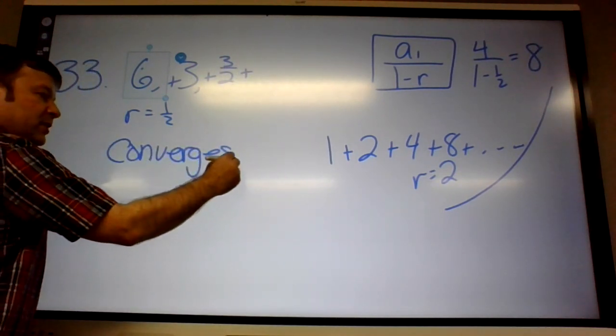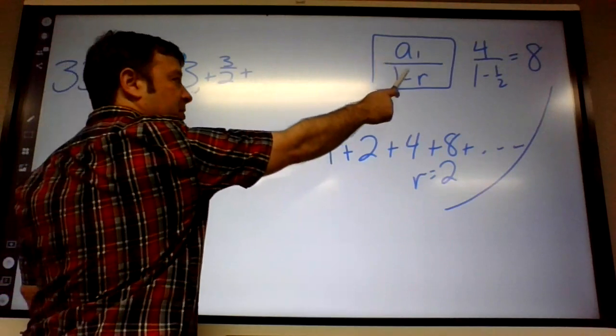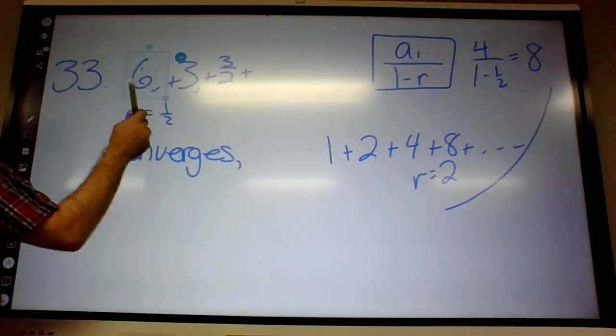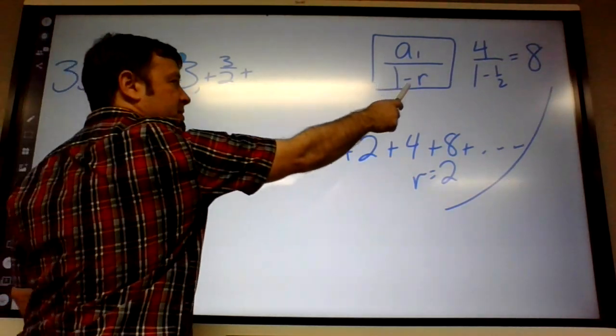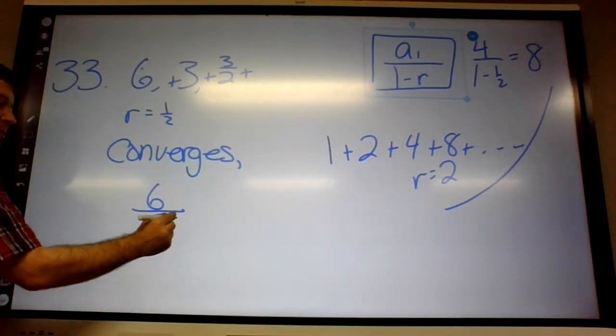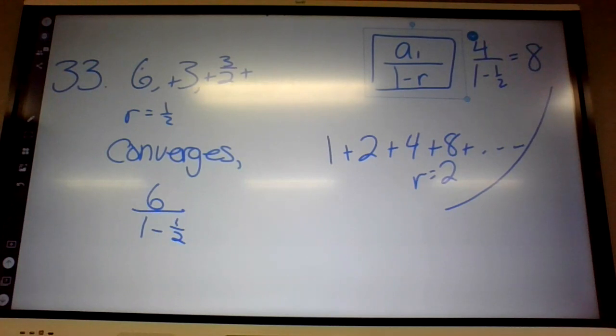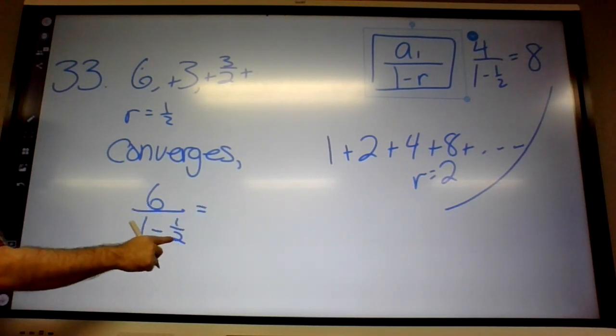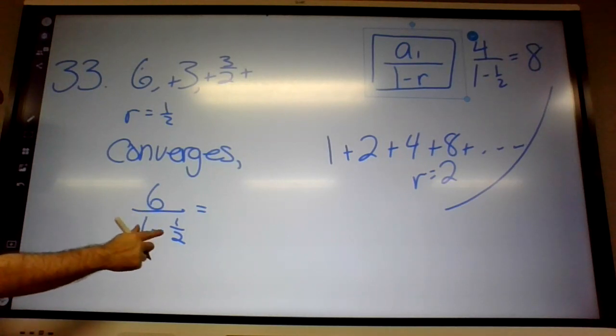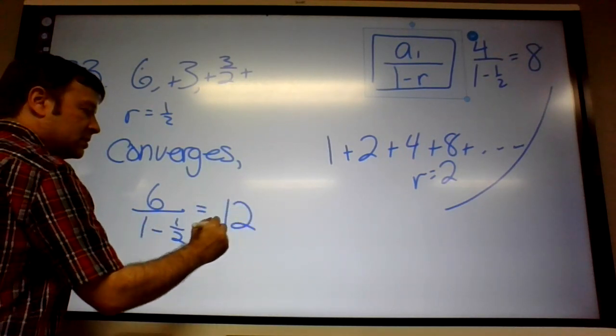Anyway, what does it converge to? That's where this formula comes in. So a sub 1, the first term is 6, over 1 minus the common ratio, which is 1/2. 1 minus 1/2 is 1/2. 6 divided by 1/2 is like 6 times 2, which is 12.